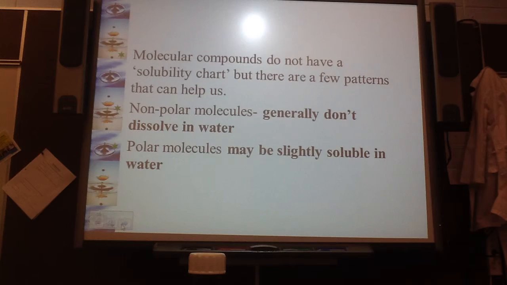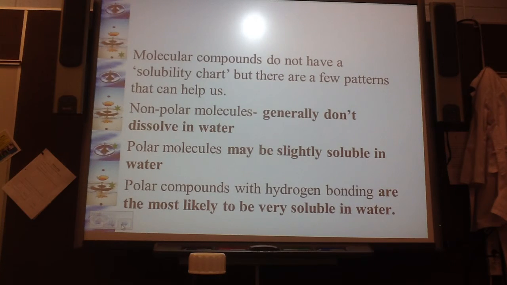Polar molecules may be slightly soluble in water, because they're able to be attracted to the water. And polar compounds with hydrogen bonding are going to really dissolve, since water has hydrogen bonding too, they'll create new intermolecular bonds.